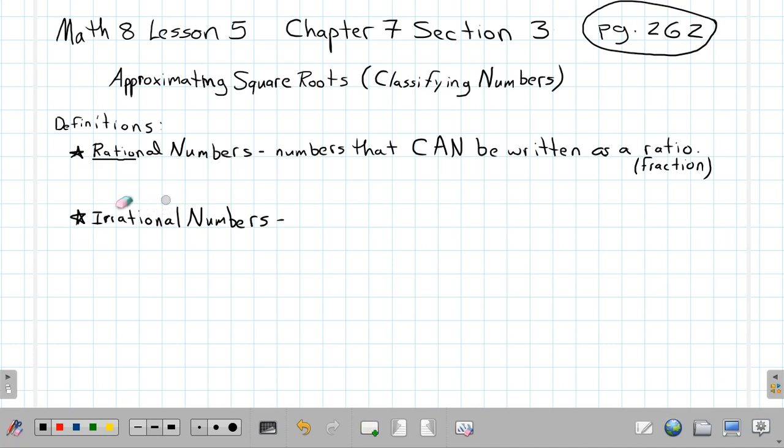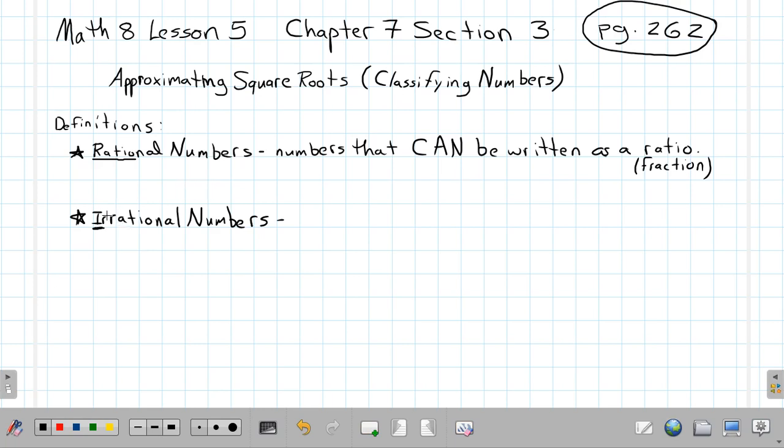If you know anything from English class in terms of prefixes of words, the prefix of the word irrational is I-R. So in this case, we've got the term irrational.